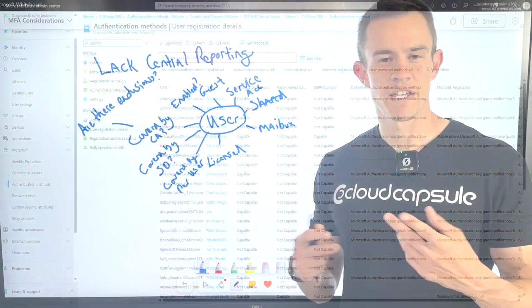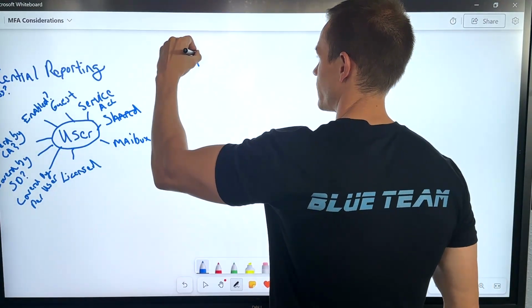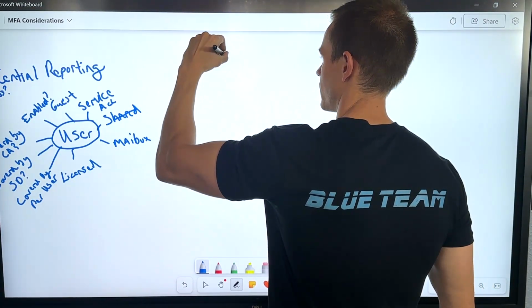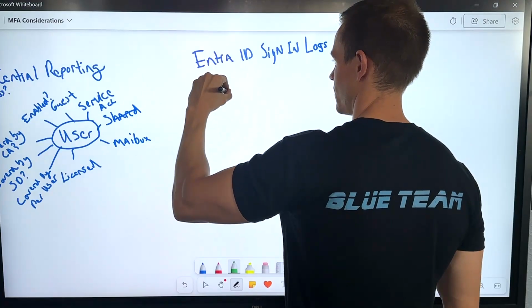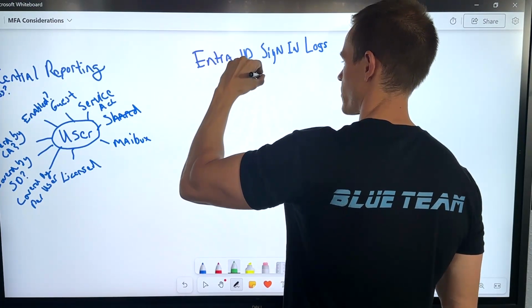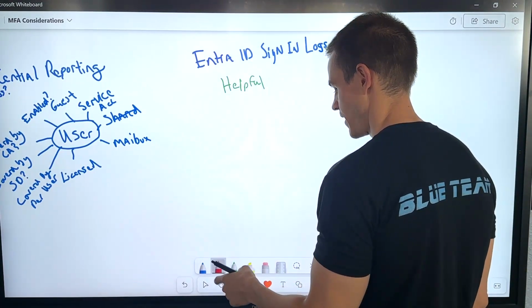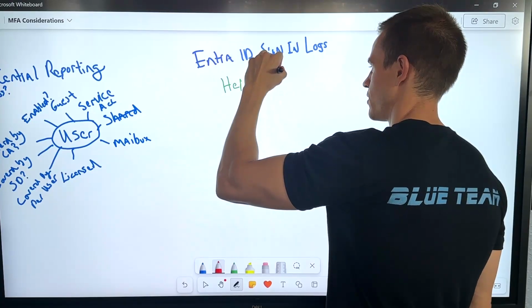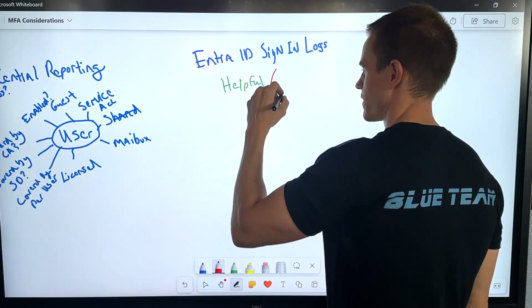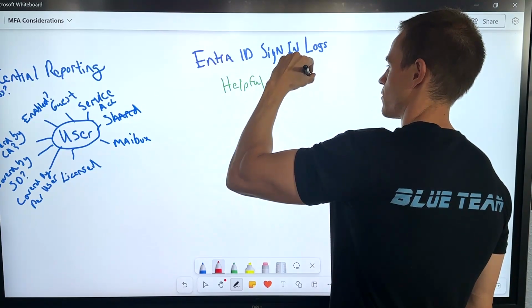Okay, so the last consideration I want to cover is going over the sign-in logs. I would say these sign-in logs are very helpful, and Microsoft actually points you to them to identify MFA gaps or MFA enforcement. But the contrary aspect is that they are overwhelming.